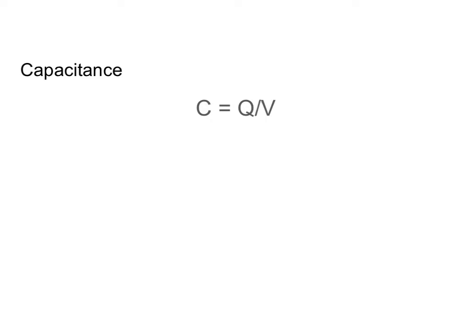So that brings us to the term capacitance. Capacitance, again, defines how much a capacitor can hold, and it depends on the amount of charge being held at a specific voltage.